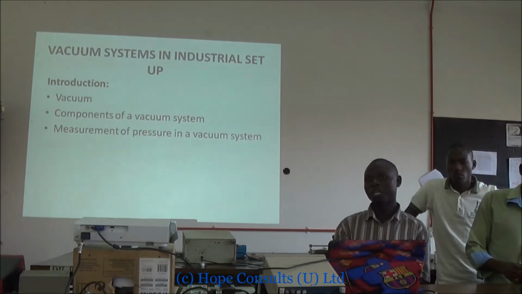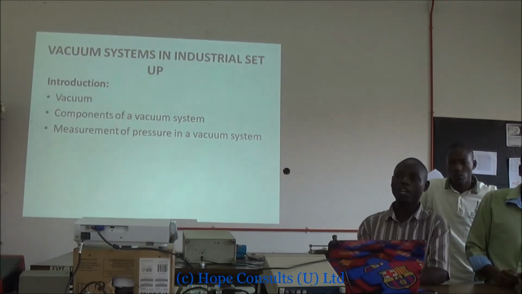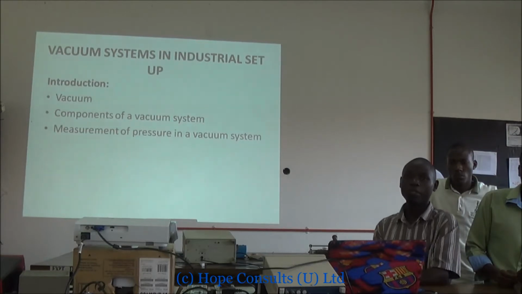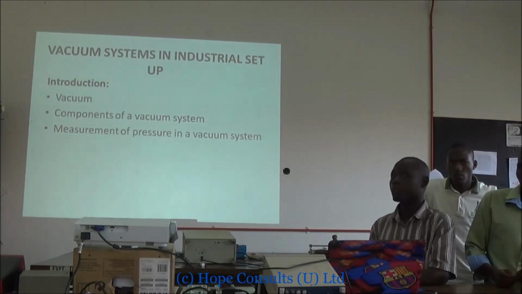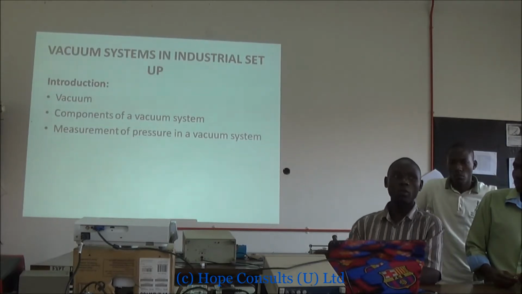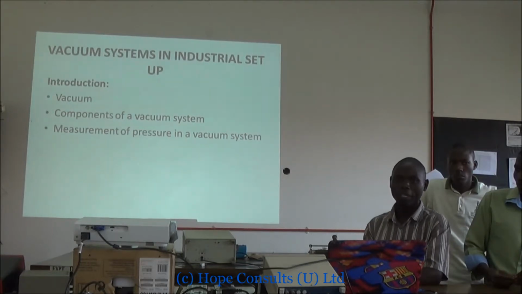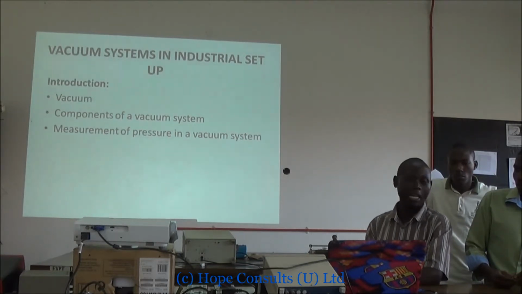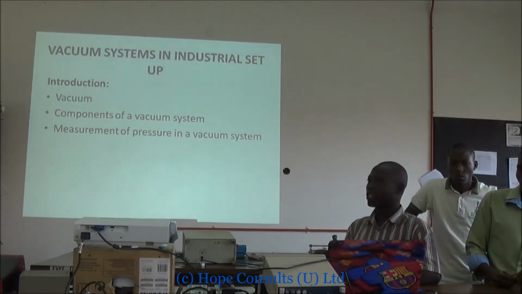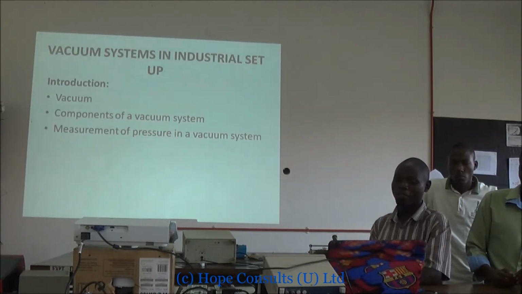Therefore, you need to measure the pressure such that the pressure at the vacuum pump is greater than the pressure in the chamber, to allow the continuous flow of air. The measurement can be done by the Gordon gauge.